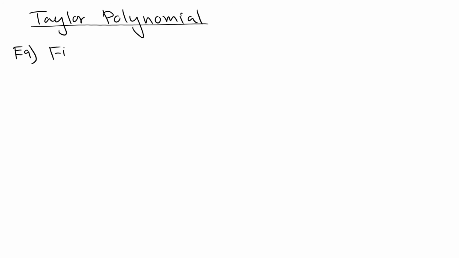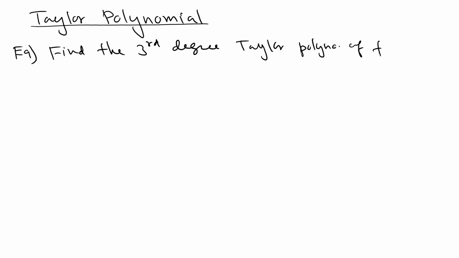Let's say find the third degree Taylor polynomial of the function f(x) equals 12 times x to the fifth, square root, at a equals 4.